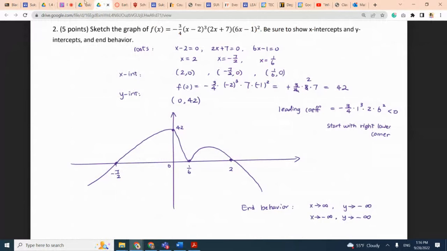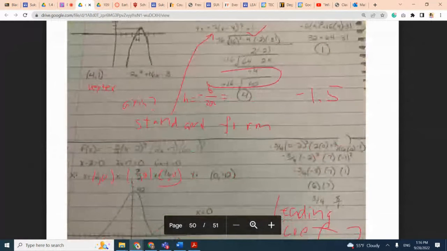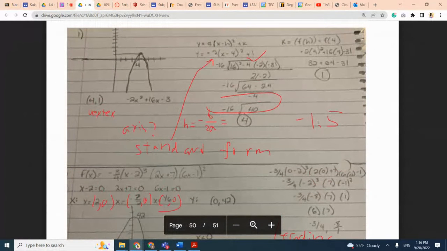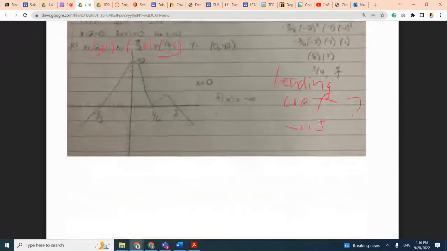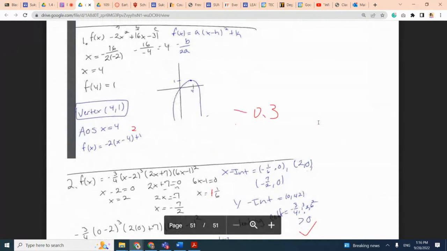Okay. All right. And then here, so here, I don't know how you get the 4 because this number is not 4. So to show your work, how do you get 4? And yeah, x-intercepts are points, and this one misses the leading coefficient.